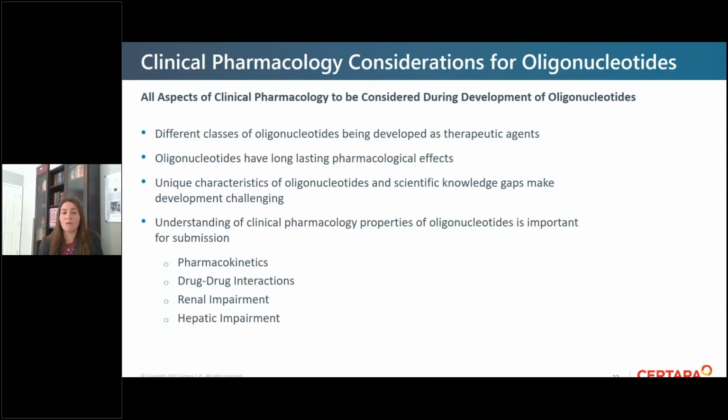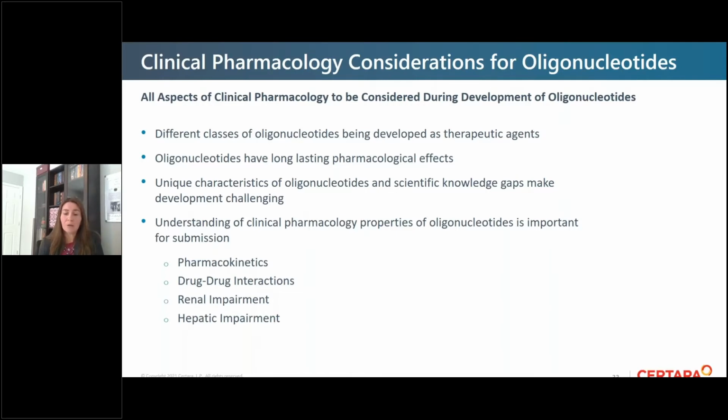I think we are evolving in the clinical pharmacology field in terms of how much we understand about this type of compound, and we are building a database, if you wish, that can help guide the development of any new molecule from this class, from making chemical modifications or conjugations to treat different diseases.